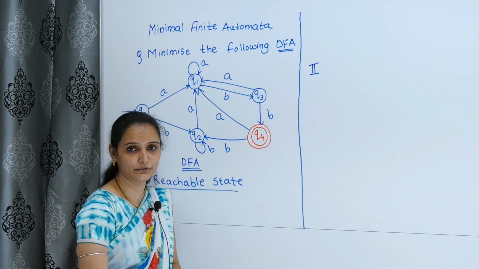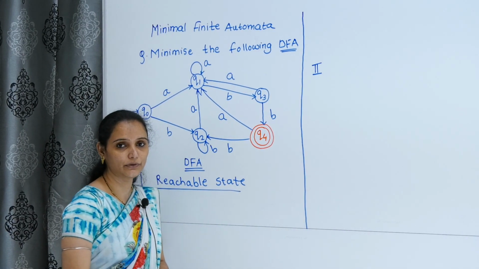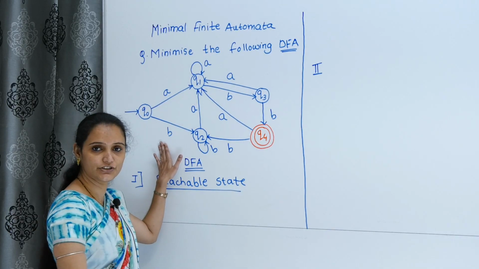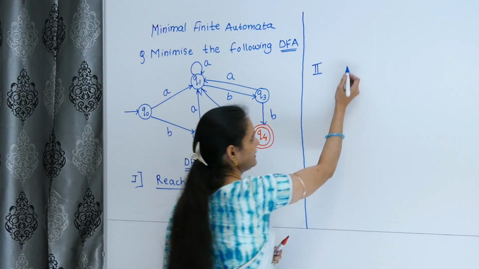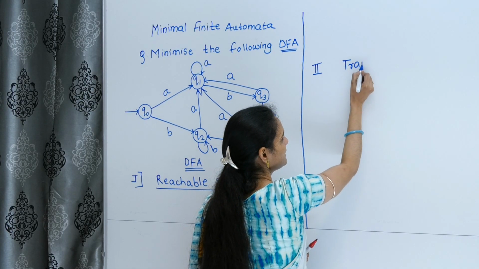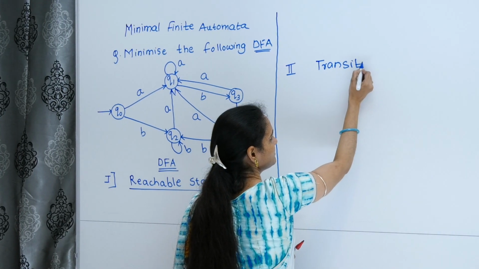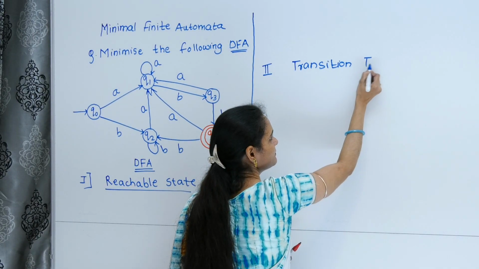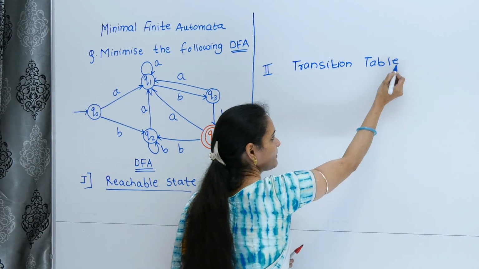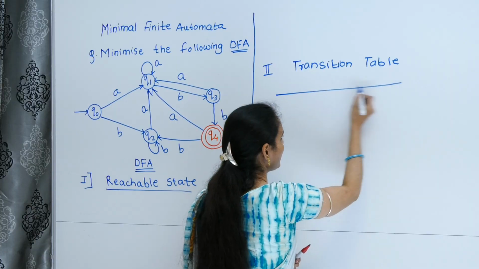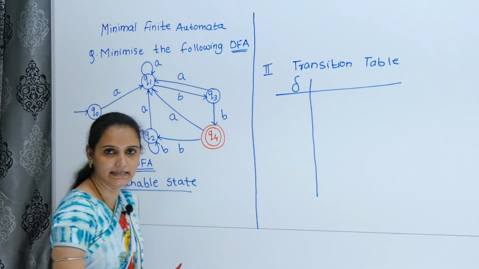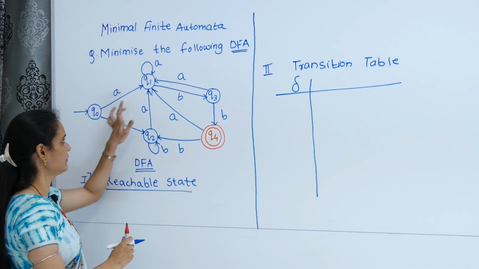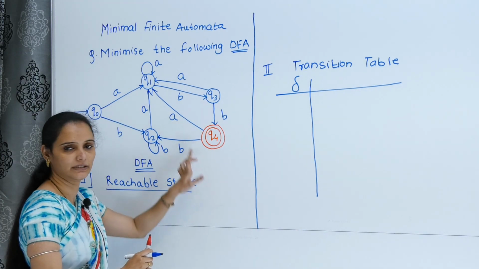What are we going to do in step number 2? We are going to design the transition table of the particular DFA. Under delta we write the states, Q0, Q1, Q2, Q3 and Q4.